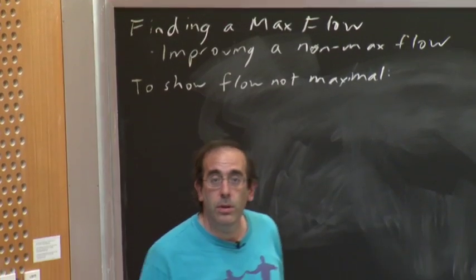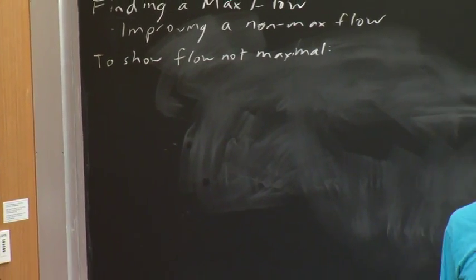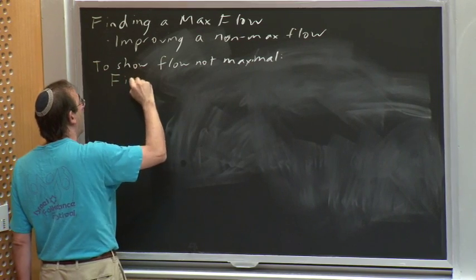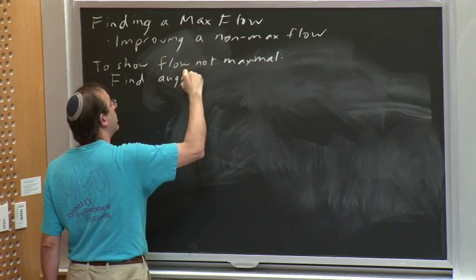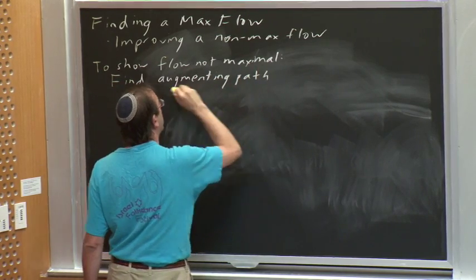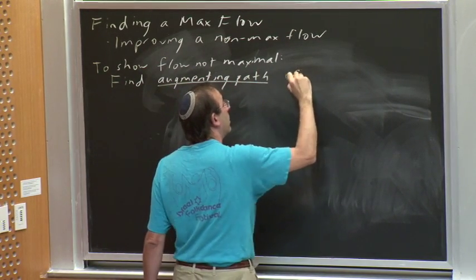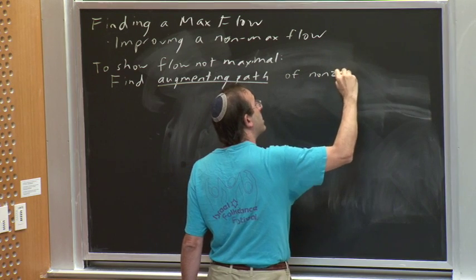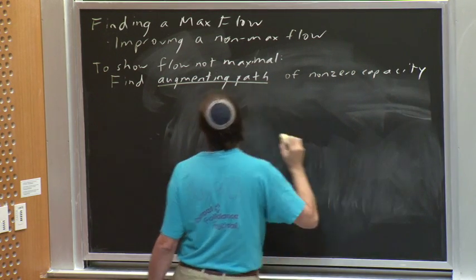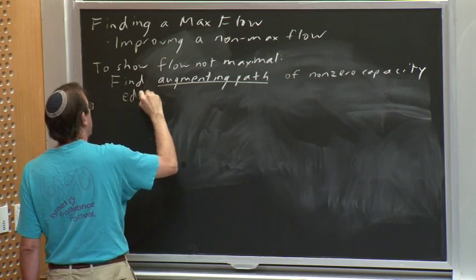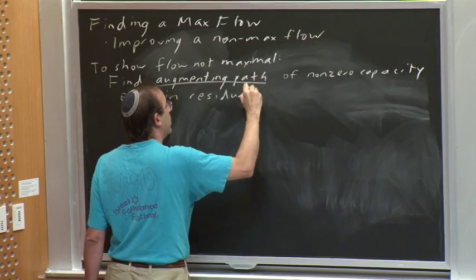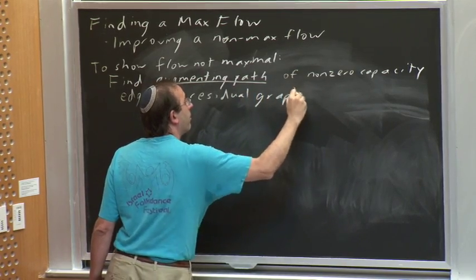We find a path called an augmenting path of non-zero capacity edges in the residual graph, right?